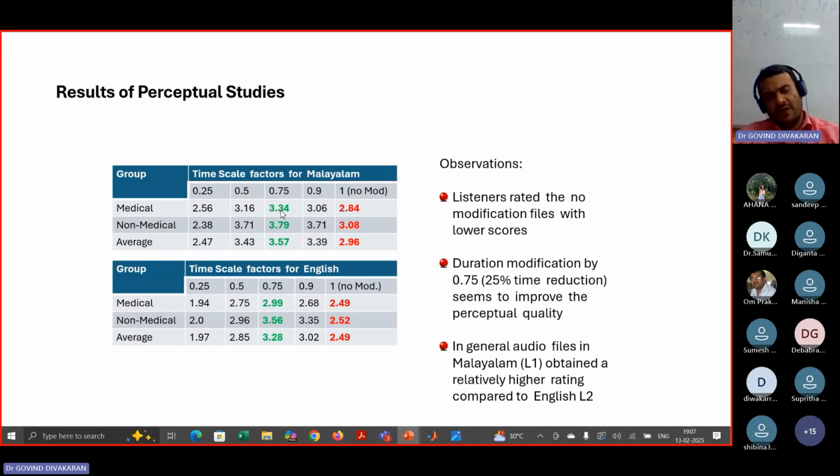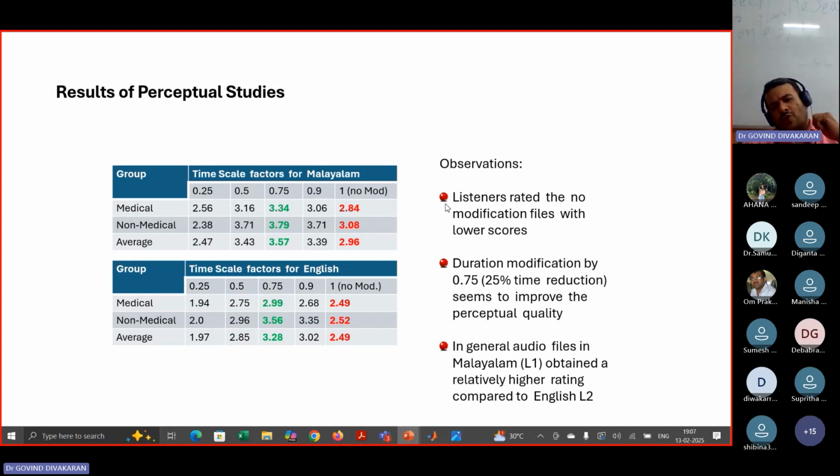It is the mean opinion score, a mean of around 15 subjects. The mean turned out to be better than what they gave for the no modification. A similar trend was seen even with the non-medical engineering students, who generally provide scores in a biased way, but they provided a better score.